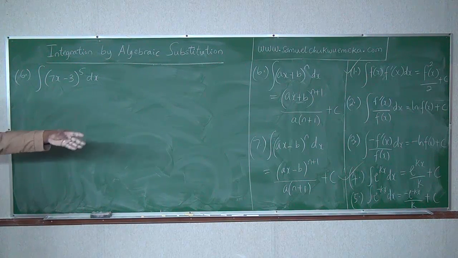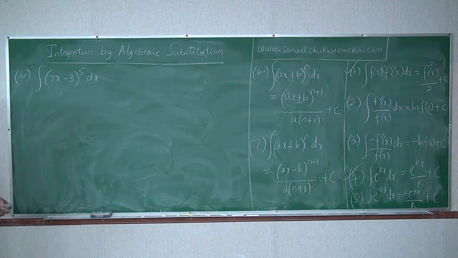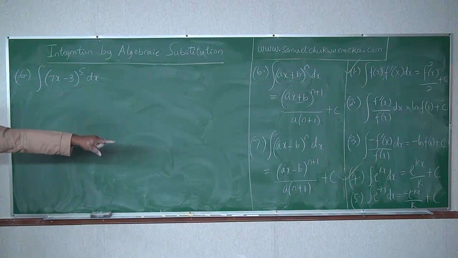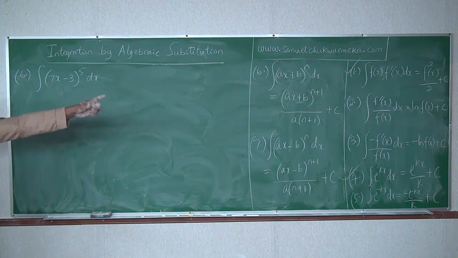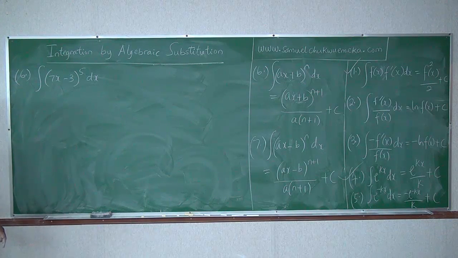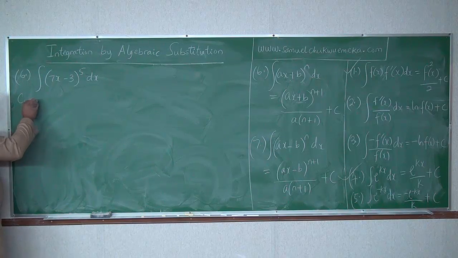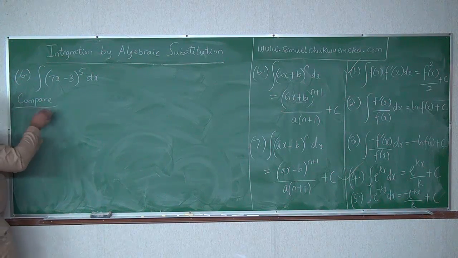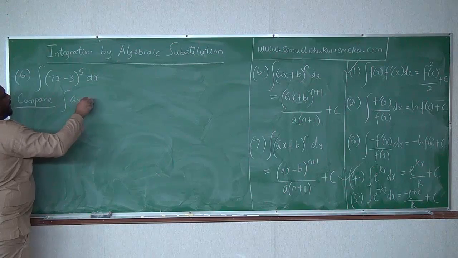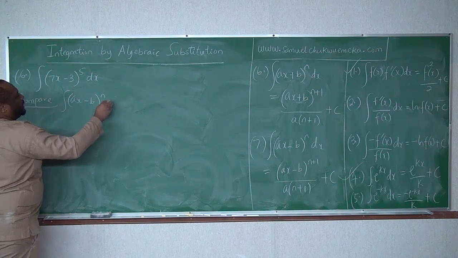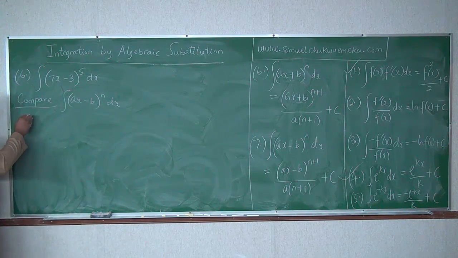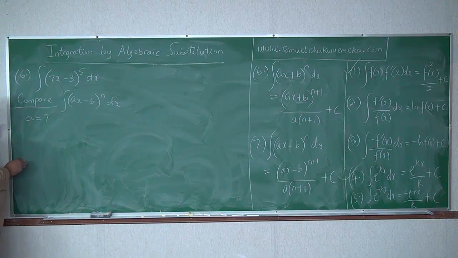If we just use the standard integral right away, and then we'll solve it normally. Because some people will not be given this. Your professors will not give you this. But if we compare to the standard integral of (ax - b) exponent n dx, our a is 7, our b is 3, our n is 5.